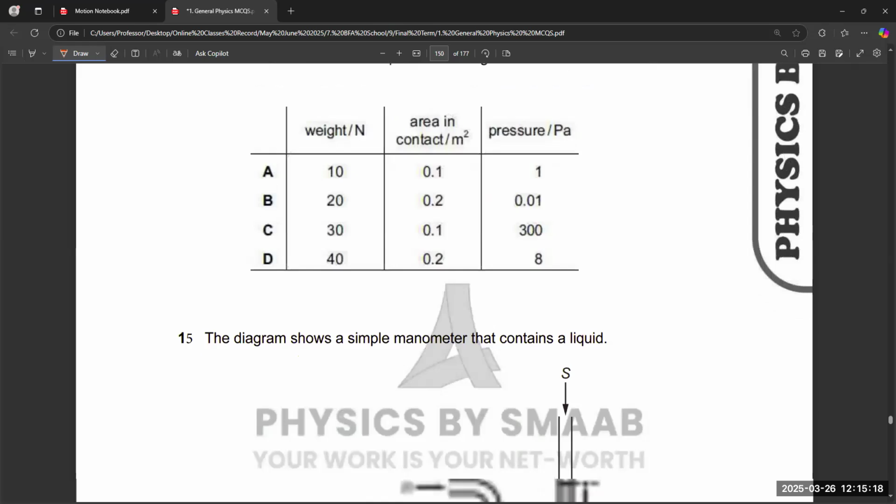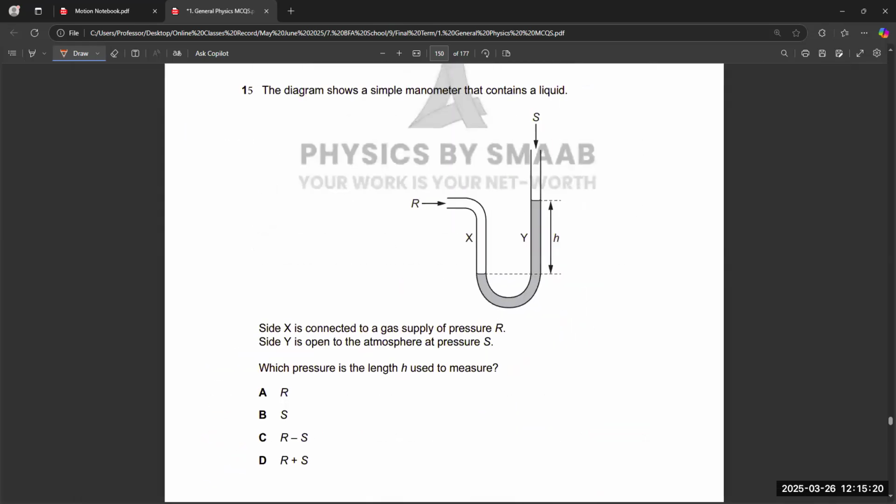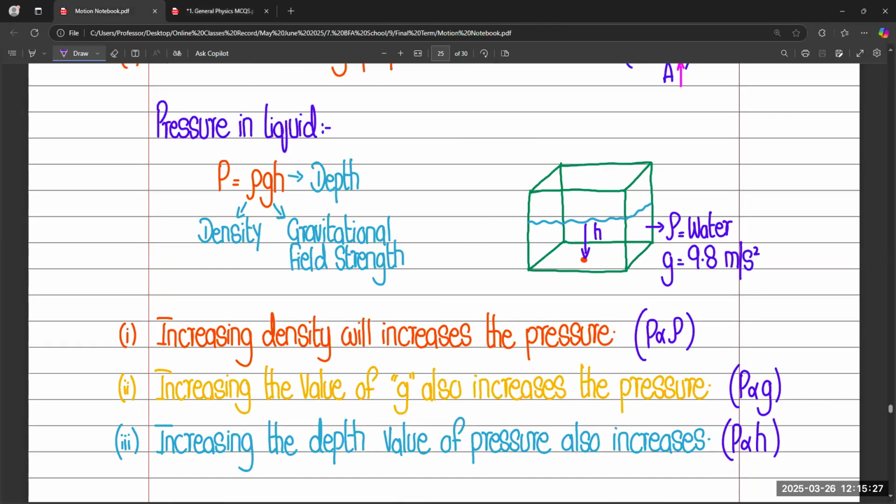Okay, after the pressure in liquid, we have another idea related to pressure, which is called atmospheric pressure. Basically, atmospheric pressure is the pressure exerted by the air particles present in our surrounding on the body. When we are at rest, sitting or standing, we are not able to feel that atmospheric pressure.